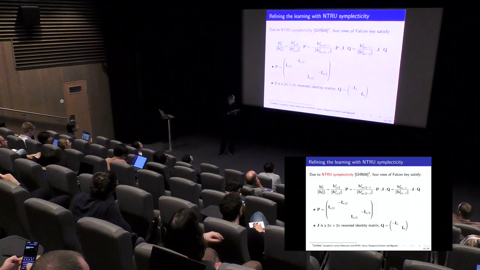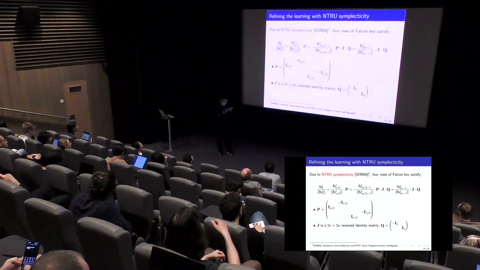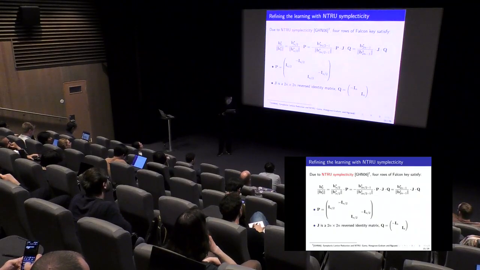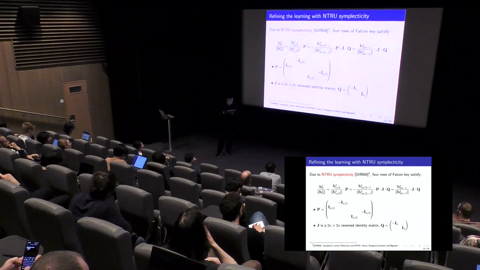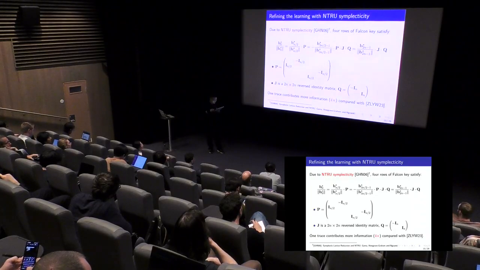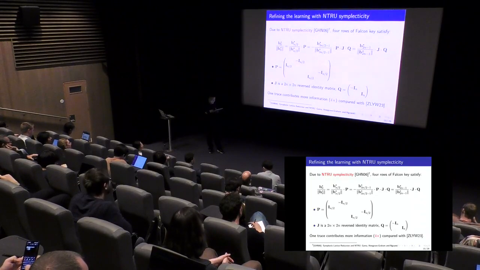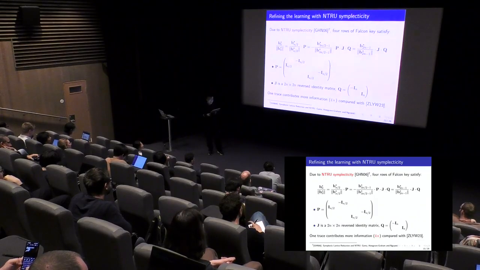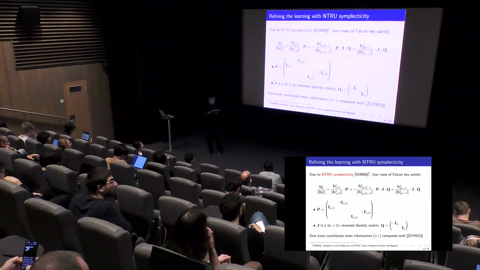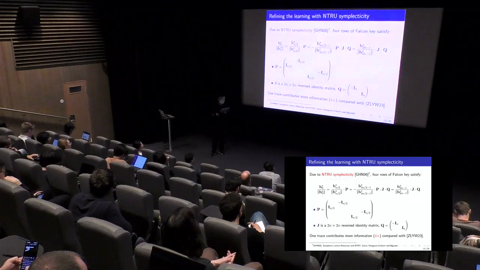Compared with the Eurocrypt work, one trace can contribute more information, and then one can further refine the learning with NTRU simplicity. Using the learning technique, one can obtain an approximation of the secret key. We further correct the errors from the approximation by using a probability-based decoding method.